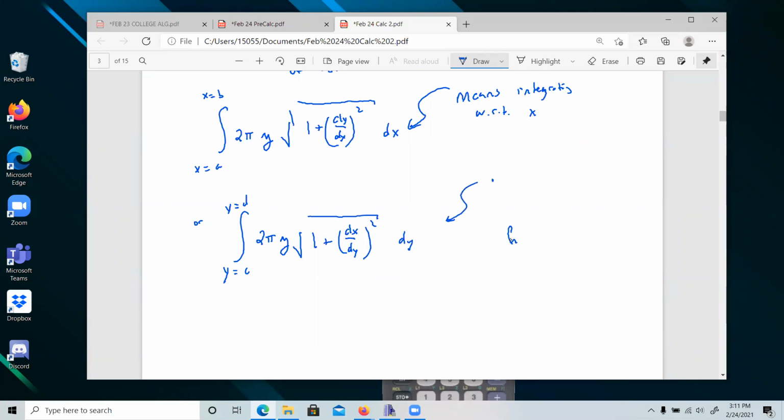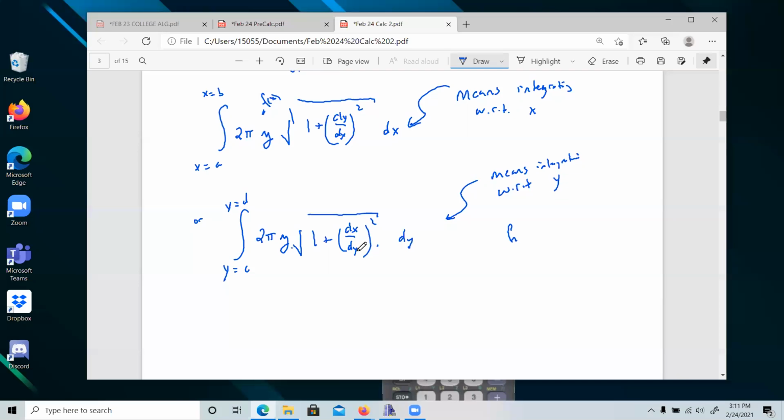And integrating with respect to y. All right, so however this is presented to you, you have some options sometimes. Okay, you could either write y is equal to f of x, or you could leave y as y and then do dx by dy, and that's if we're revolving around the x-axis.